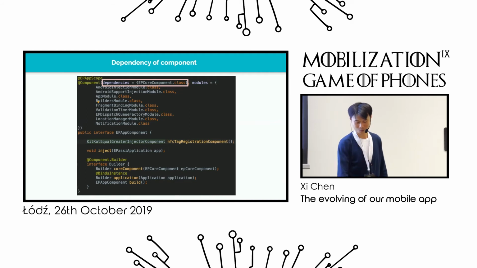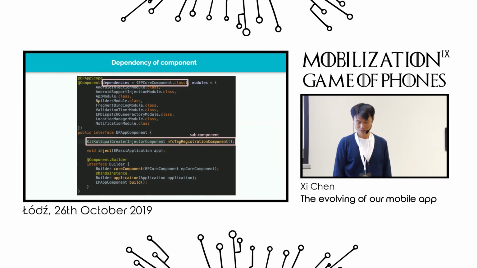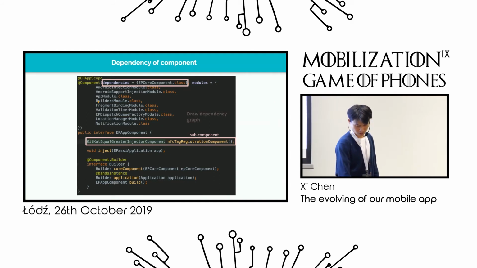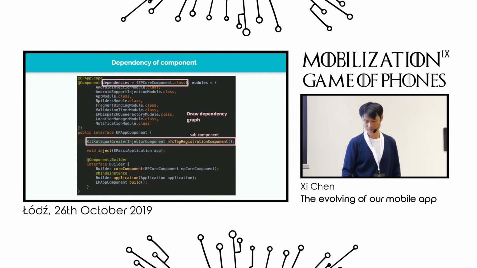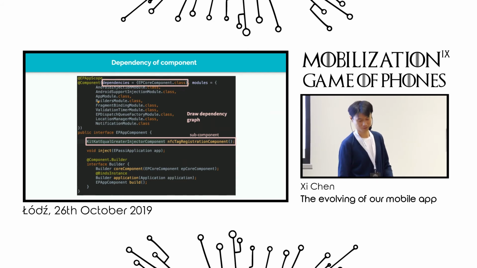It depends on the core component. And here we declare this subcomponent. With these declarations, Dagger knows how to draw the dependency graph for the project during compile time.